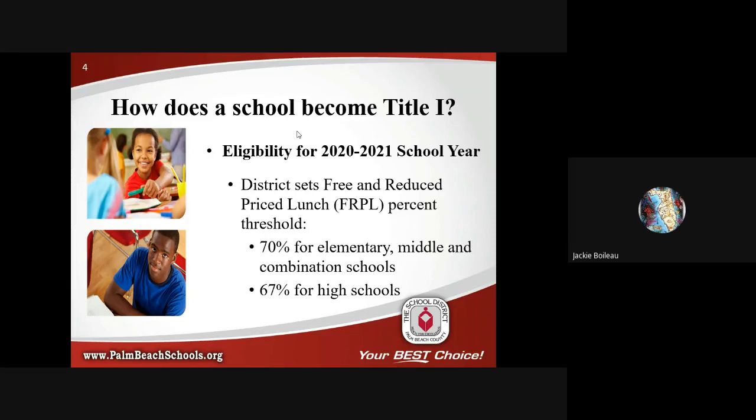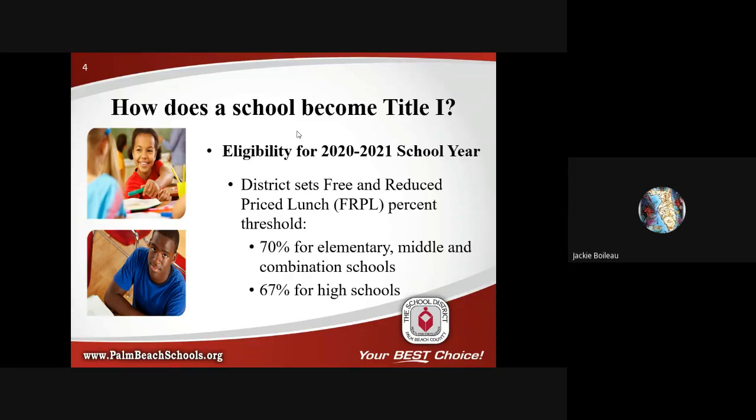And a free and reduced lunch is where if a household's income falls at or below a certain level, then they can qualify for free and or reduced lunch. And every year the federal government says that a school must reach a certain percentage of their population as free and reduced lunch in order to be eligible for Title I funding.